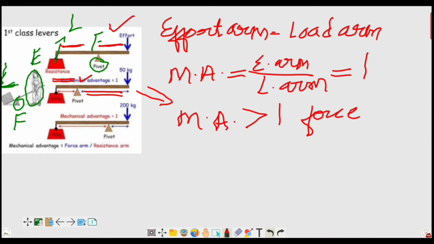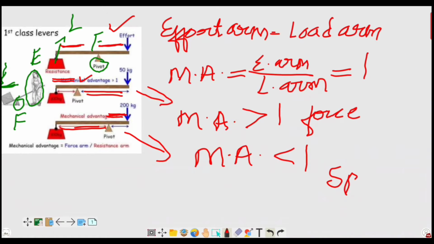Okay. In this case, your effort arm is less and the load arm is greater. In that case, MA is less than 1. In this case, it acts as a speed multiplier.